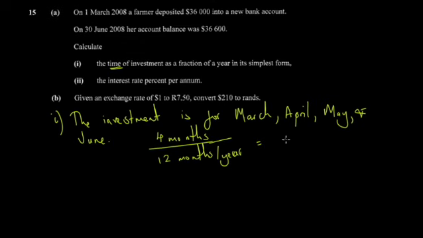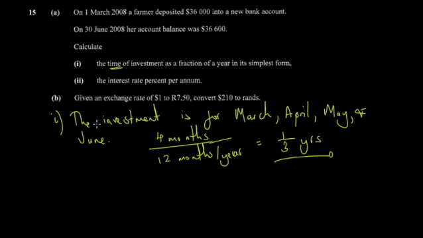So you have 1/3 years. The time as a fraction of a year in simplest form is 1/3. If you want, you can just say 1/3, it's still fine, or 1/3 year.